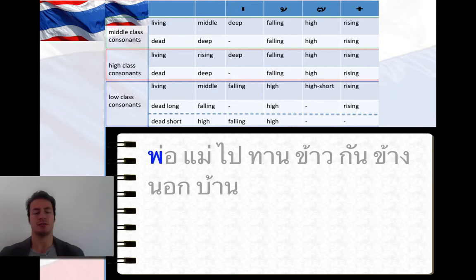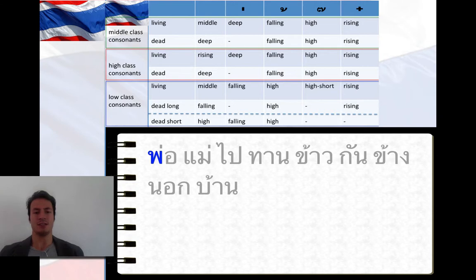The very first initial consonant, Paw, is a low-class consonant. Then we see that the syllable is a living syllable because it doesn't end in any closing sound or with a short vowel.